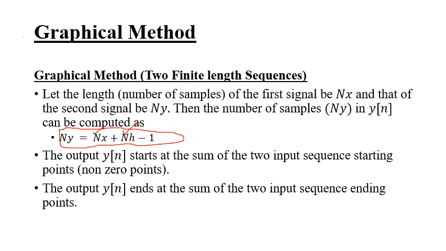So this is the equation that gives the number of non-zero values in the output y of n. So y of n starts at the sum of the 2 sequences' starting points, right? That's the starting point for y of n, and y of n ends at the sum of the 2 input sequences' ending points, right? So you just sum the two.